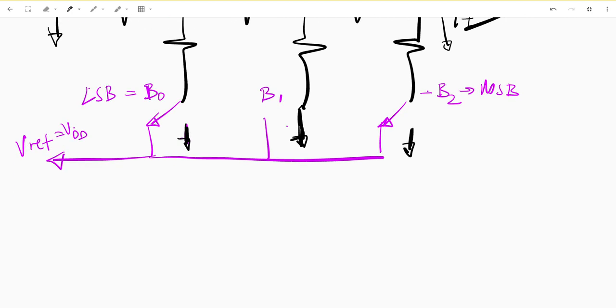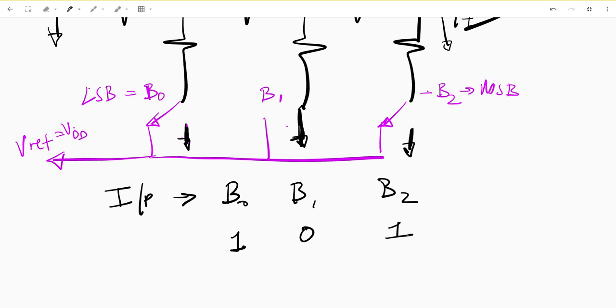we could say that the input of this DAC is B0, B1, B2, where B0 is equal to 1, B1 is equal to 0, and B2 is equal to 1.